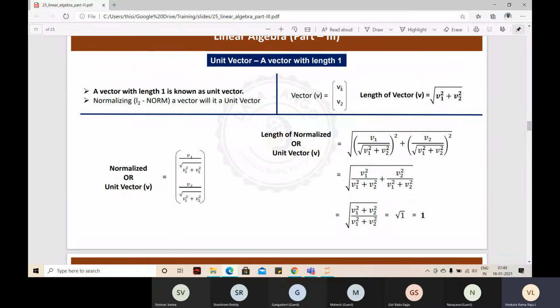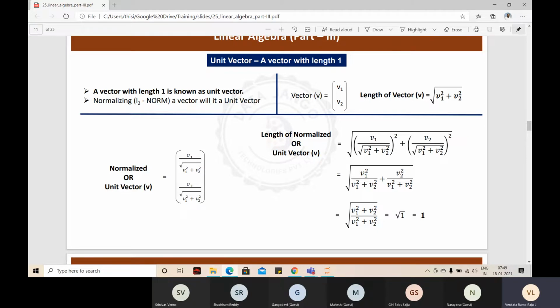If there are some values here, you can actually say whether it is 1 or not. But you can make any vector a unit vector by dividing the vector by its L2 norm. V1 by square root of V1 square plus V2 square, V2 by square root of V1 square plus V2 square. Right. Now for this vector, when I calculated the length, it actually came to 1.